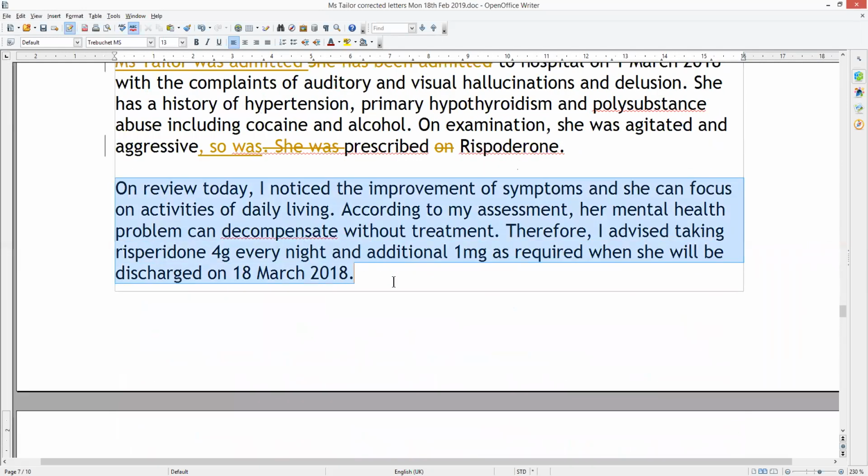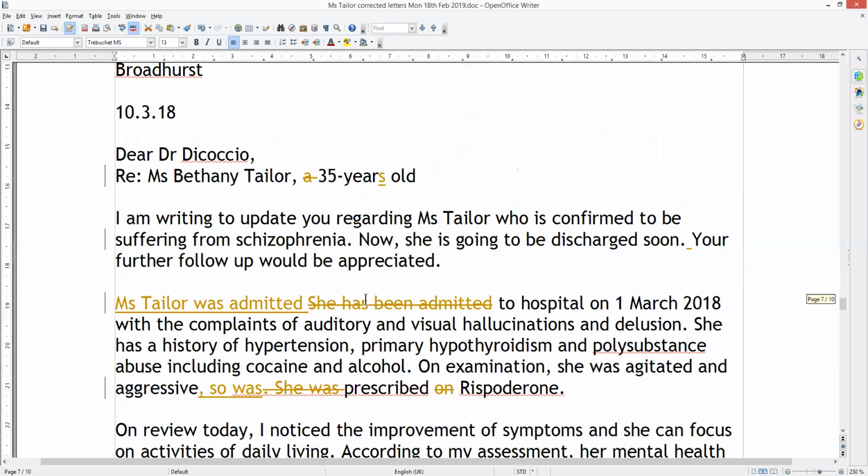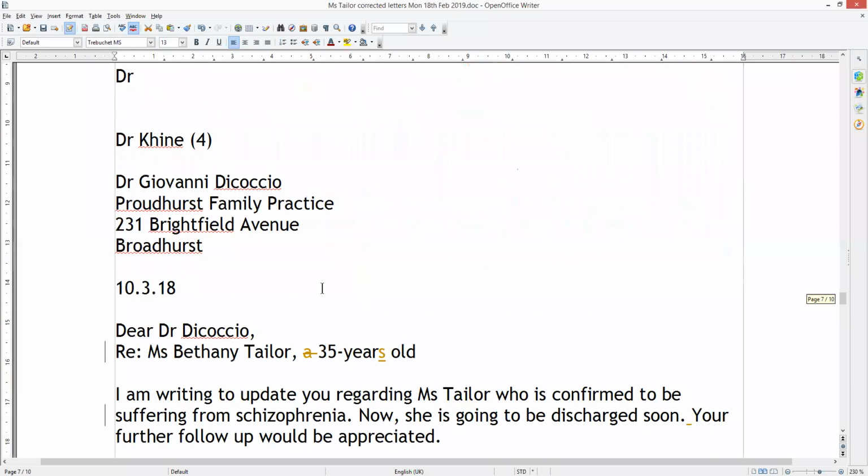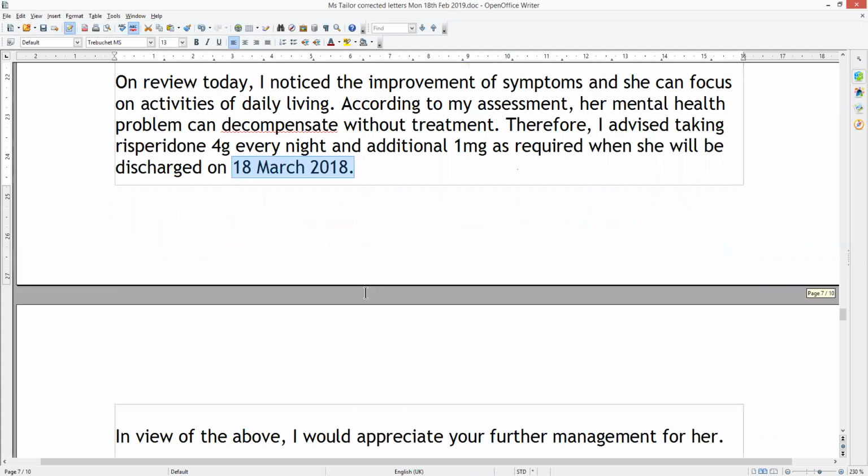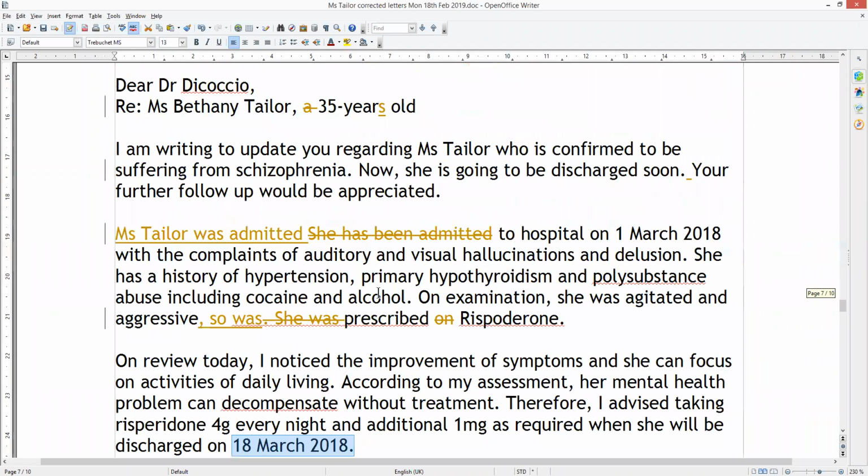On review today, what about the previous 18 days, over 2.5 weeks? What about that? So that's all gone. According to my assessment, I advise taking one. She's being discharged today. So it's not in the future, isn't it, taking place today? The 18th, isn't it?